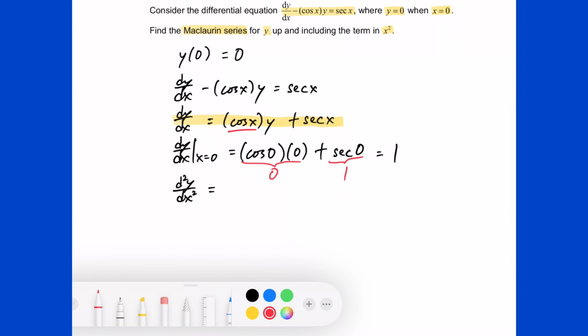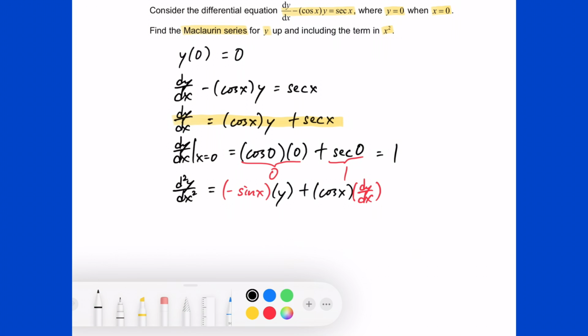At first we differentiate cos x such that it becomes negative sin x, and we keep the y unchanged. Then we have the addition, and we keep the cos x unchanged and differentiate y, which means we will have another dy/dx.